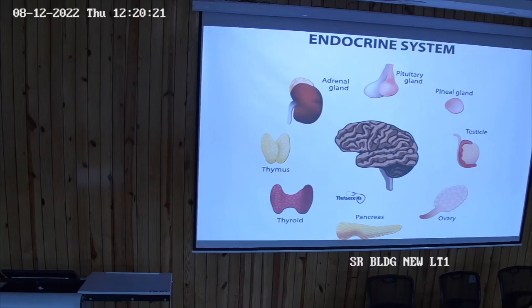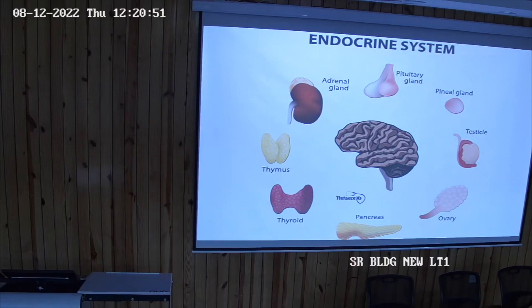In diabetes mellitus patients, insulin secretion is affected, decreased or very much decreased, and due to less secretion of insulin, the blood glucose level is increased, and such patients are called diabetic.